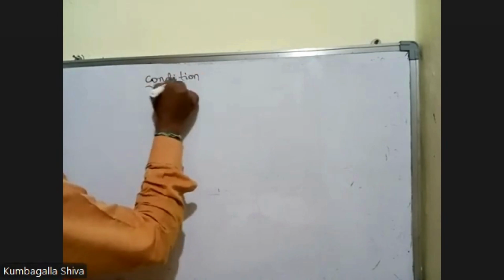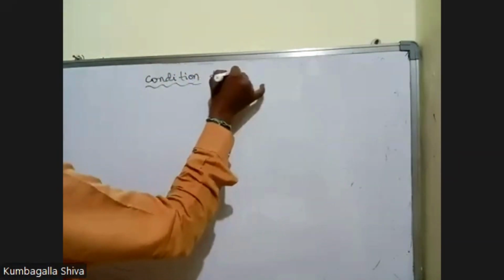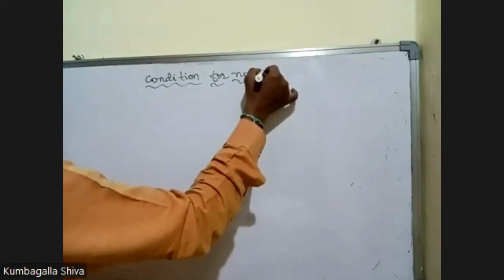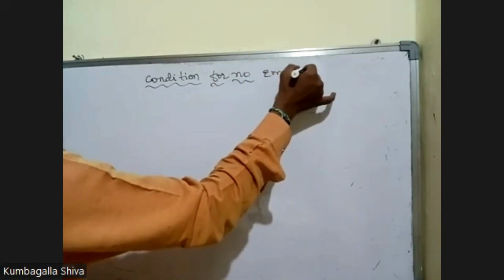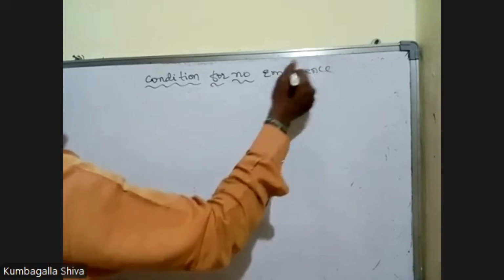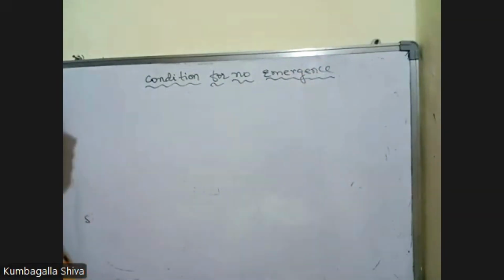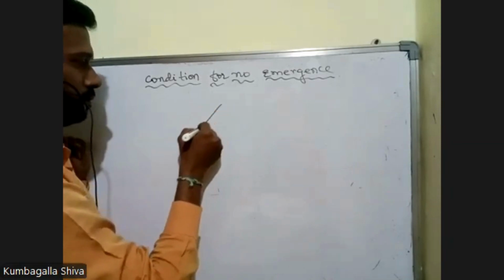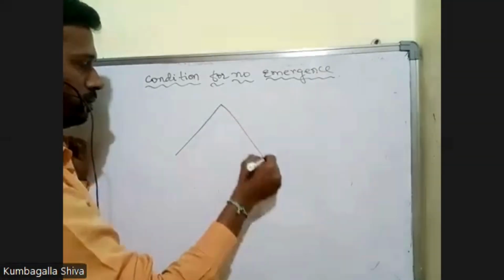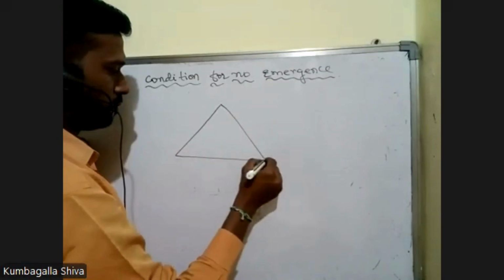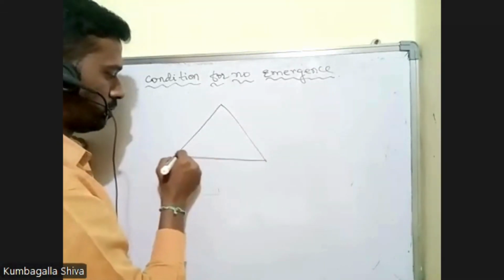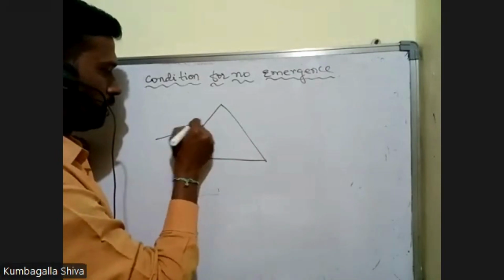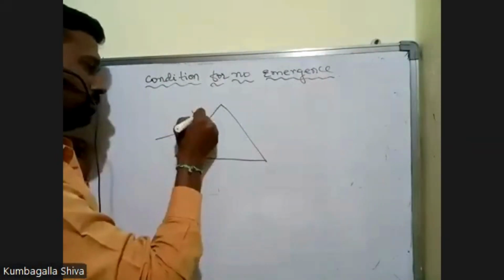Condition for no emergence. Now this is a prism, and this is an incident ray, and this is the normal.